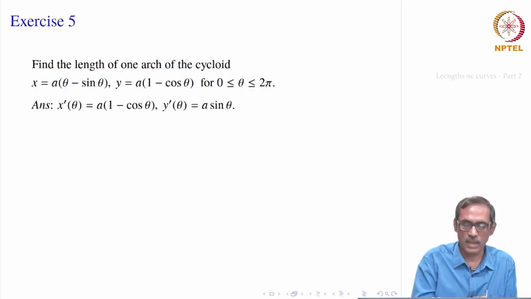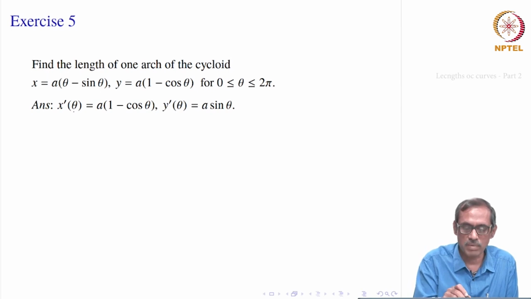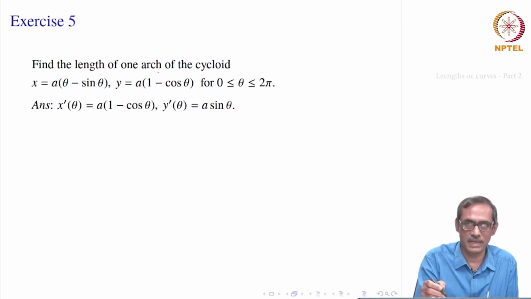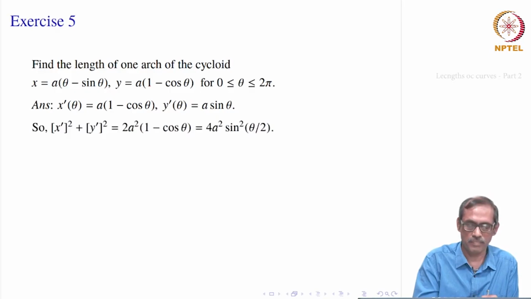theta. So, when you go to x prime theta, we need the derivative with respect to theta to get the length of the curve. Okay. So, x prime theta equal to a times 1 minus cos theta, that is coming from this 1 minus cos theta, and y prime theta, the derivative of 1 is 0. So, minus cos theta gives sin theta, y prime theta equal to a sin theta.